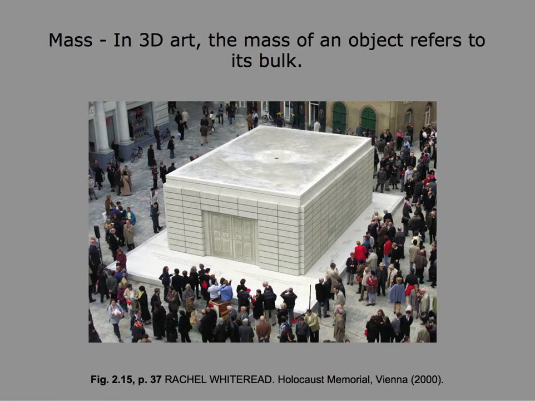Now, you might be trying to figure out what this is. If you look very carefully, it is a cement cast of the inside of a library room. You can see the doors towards the front, and the lines are where the shelves were, the cement filling in where the books would be.